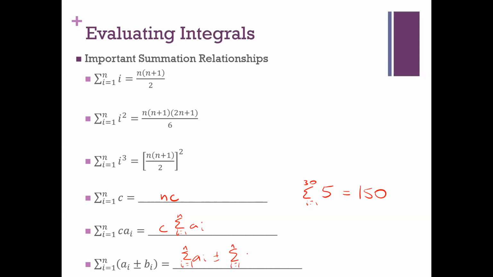So hopefully you're seeing some parallels with limit laws we've done in the past. Now we're applying that same kind of rationale to Riemann sums. If I want to find the sum of two Riemann sums, I can just bring those together or do them separately, however you want to think about it, provided that the sums exist.